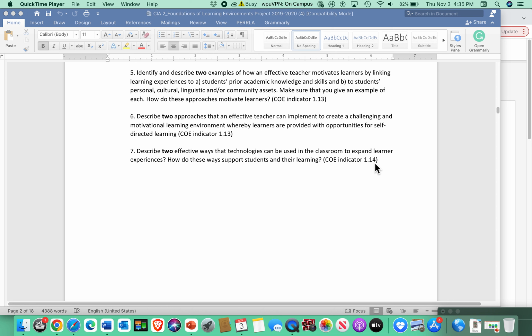Okay, here's the thing. 2 examples of how an effective teacher motivates students by linking the information to students' prior knowledge. When you took educational psychology or even general psychology, you learned about how assimilation, Piaget's assimilation, plays a large role in learning.